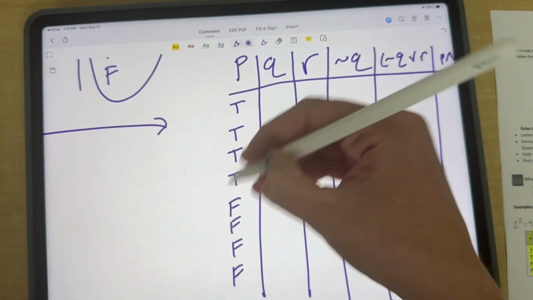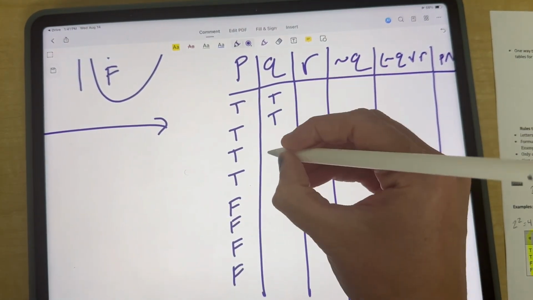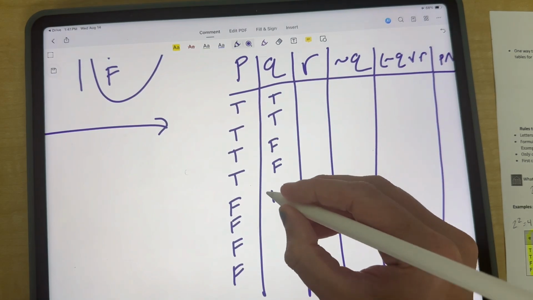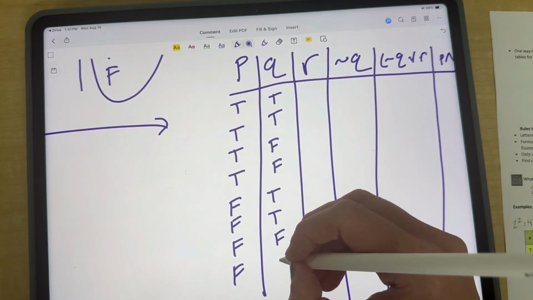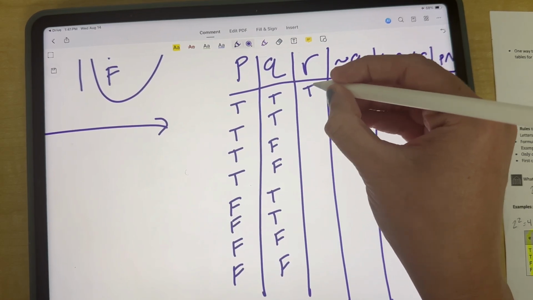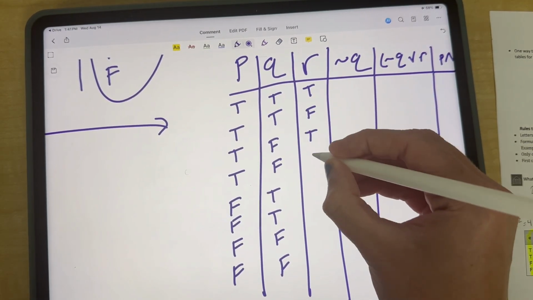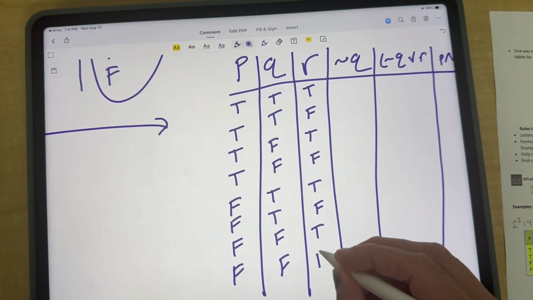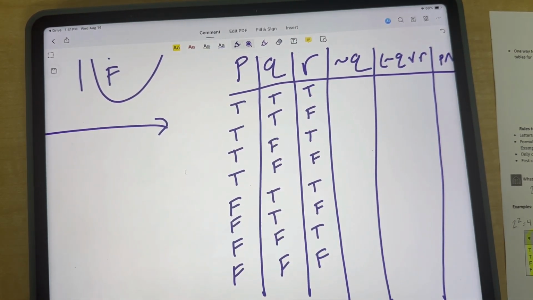If this is 4 and 4, that means these go by 2s. So TTFF, TTFF. This last one goes 1 by 1. So TF, TF, TF, TF. And those are all the possible combinations you can have with those 3 letters.